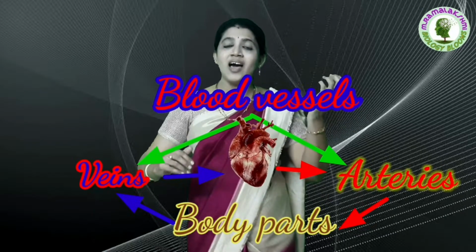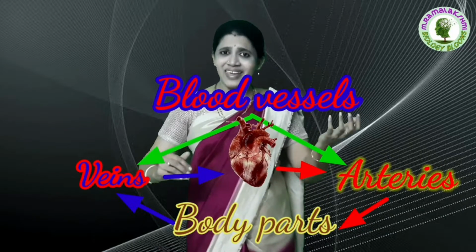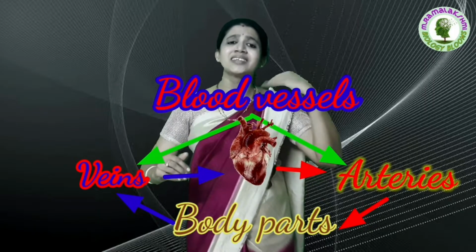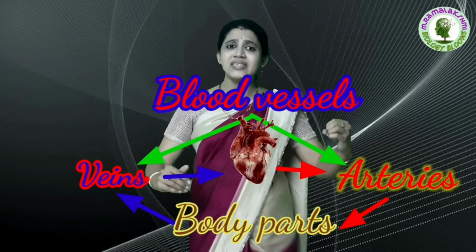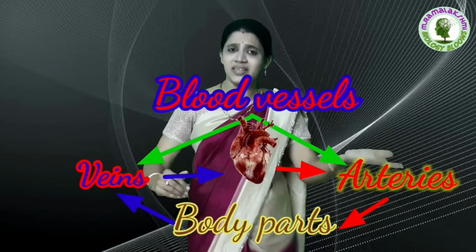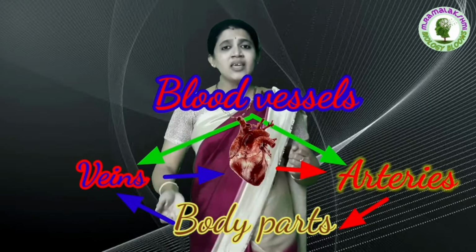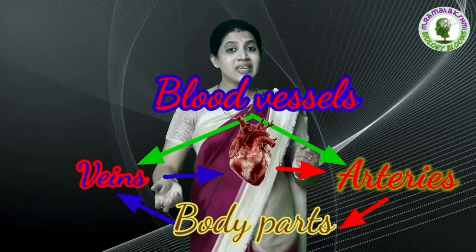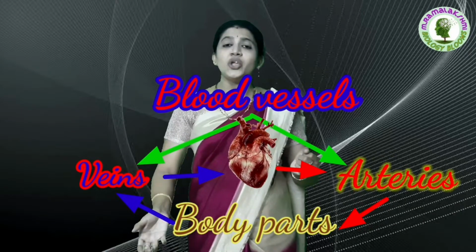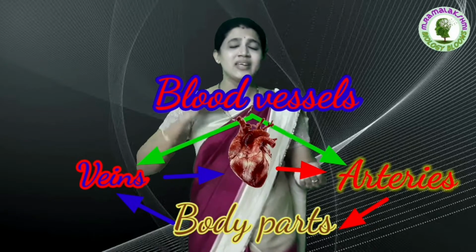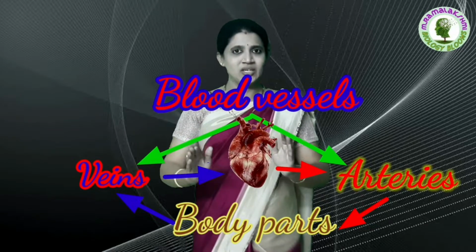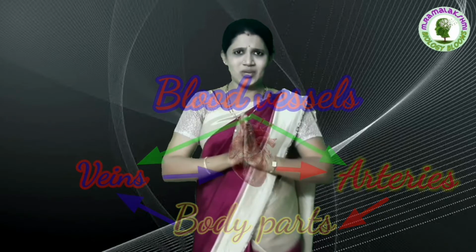Which type of blood? Oxygenated blood. The veins are bringing blood into the heart. Which type of blood? Deoxygenated blood. So, I think you understood this concept.